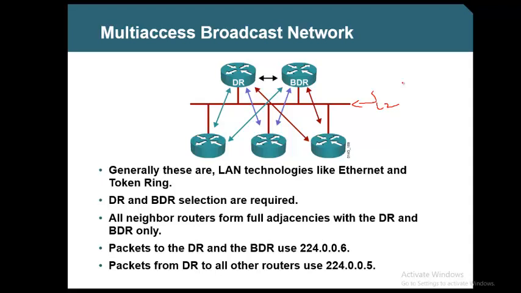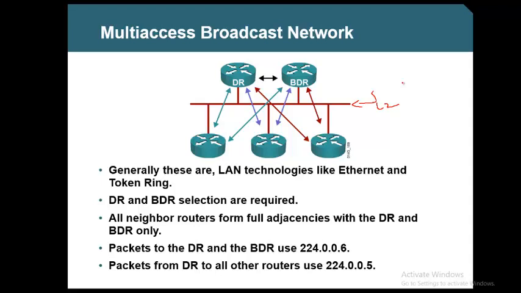If you say ip ospf priority 255, then this router is elected as the designated router because it has the highest priority. By default, the priority is 1. When there is a tie in priority, it compares the router ID. The one with the bigger router ID becomes the designated router.